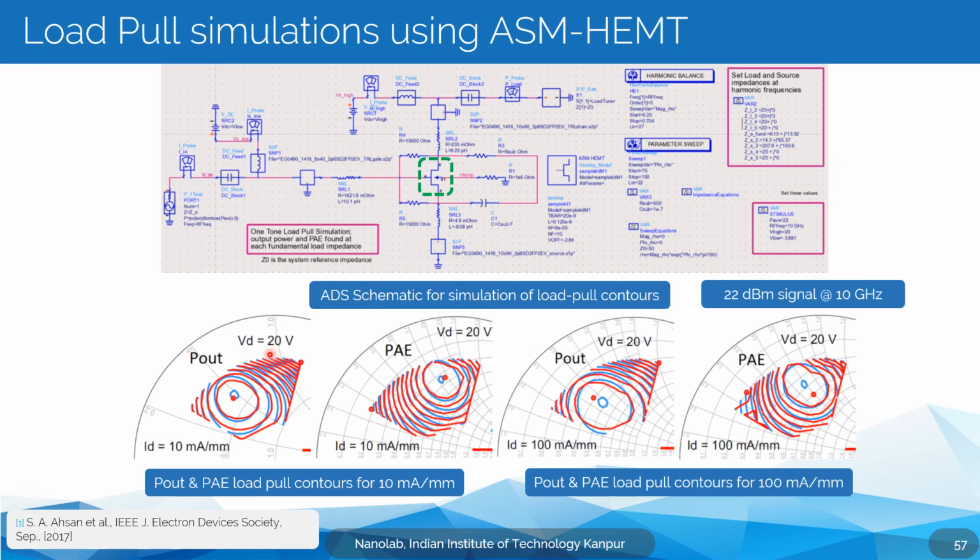This one's again 20 volts, 10 milliamps per millimeter, and 20 volts, 100 milliamps per millimeter, and you get very clean results. This is very important for RF circuit design, because once you get these contours right, you get the impedances right, and once you get the impedances right, you have perfect matching circuits, which basically determine your RF performance.